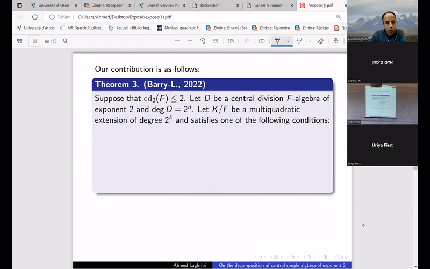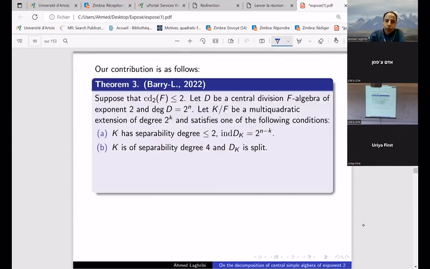First, K has separability degree at most 2, and the index of D_K is 2^(n-k). Or K is of separability degree 4, and D_K is split.